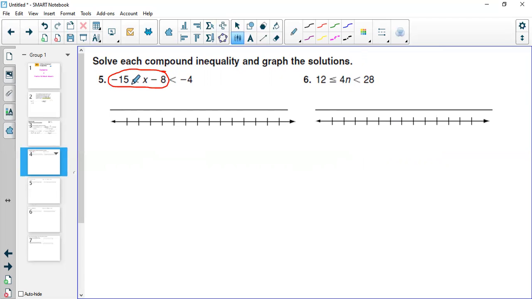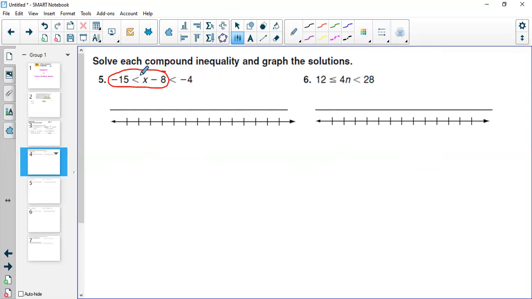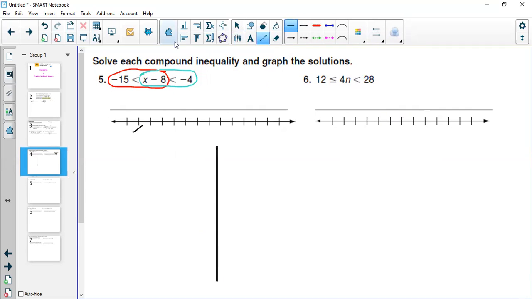Always choose the first part as the first inequality, and the second inequality is going to be from here. These are the two inequalities which you are going to be solving separately. Let me separate this so that you will not get confused.